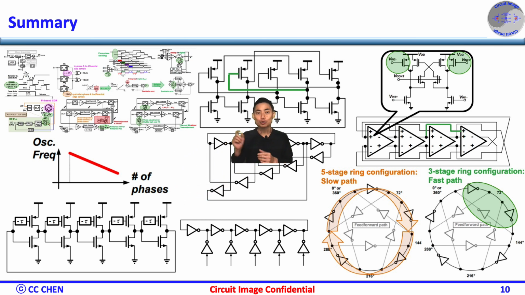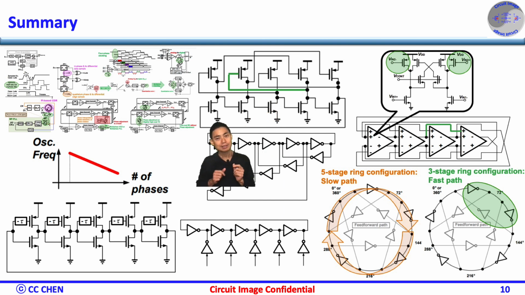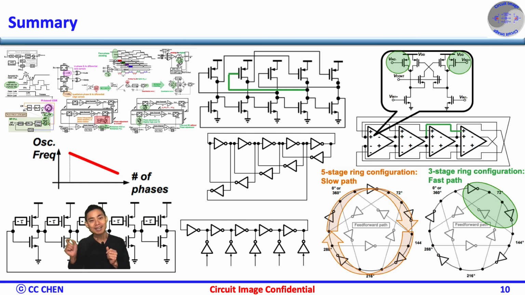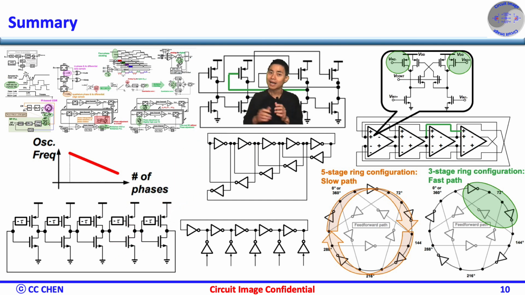Fortunately, you have a flexible connection in a ring configuration such that a negative skew delay can be implemented to boost the oscillation frequency without reducing the output phases. Dr. Lee proposed the negative skew connection to compensate for the PMOS slow transition time compared to the NMOS one.